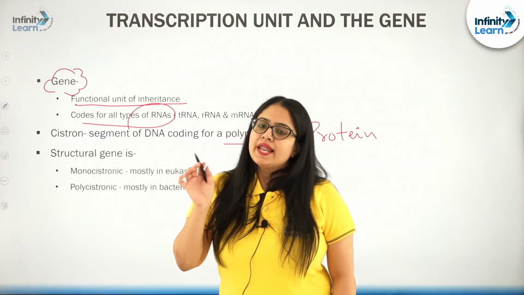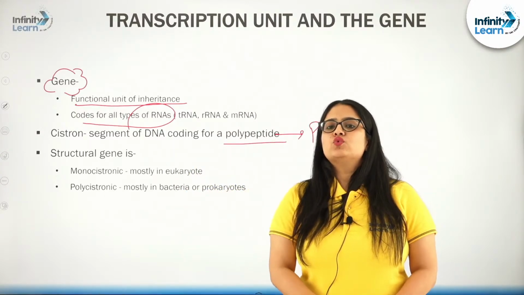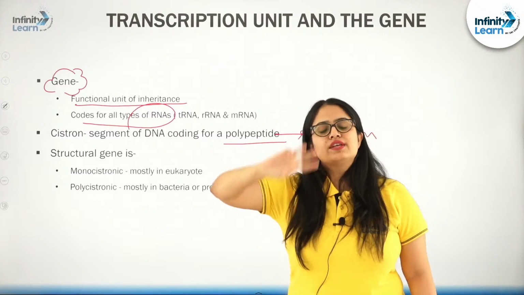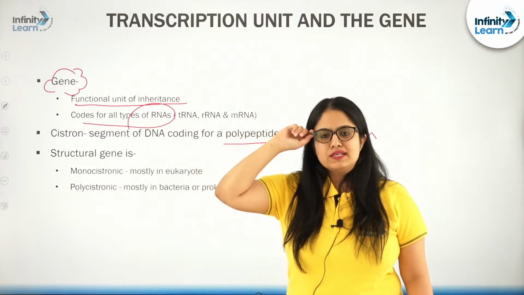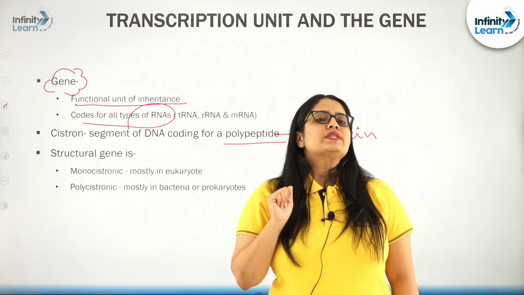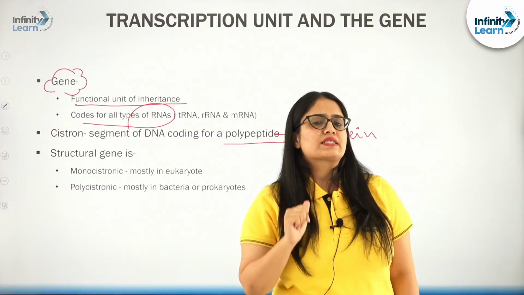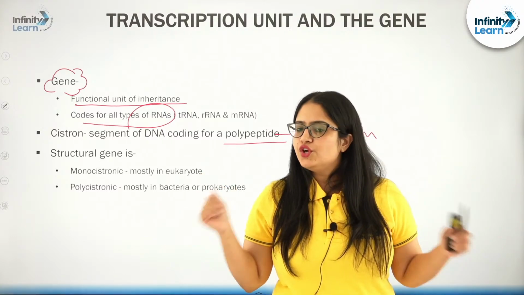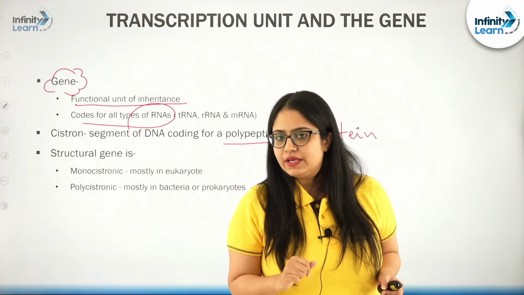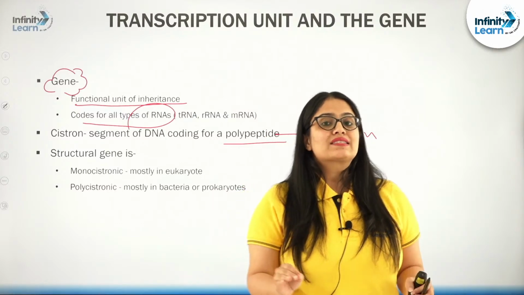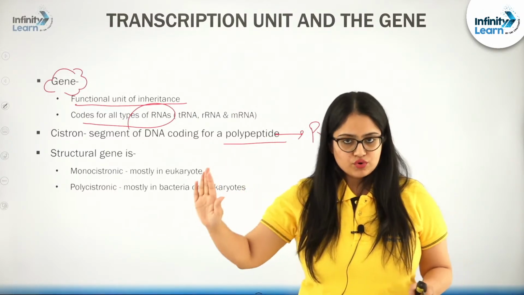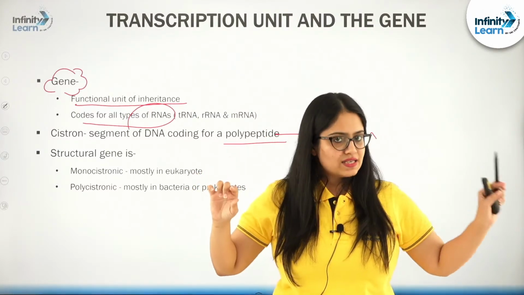Now, students, I want to tell you something very important related to the previous lecture. Remember in the previous lecture, we were discussing the transcription unit, and if you remember correctly, a transcription unit has three main components: promoter, structural gene and terminator.